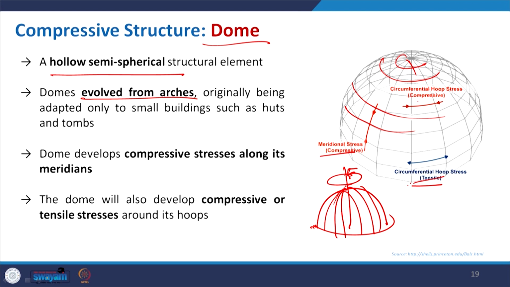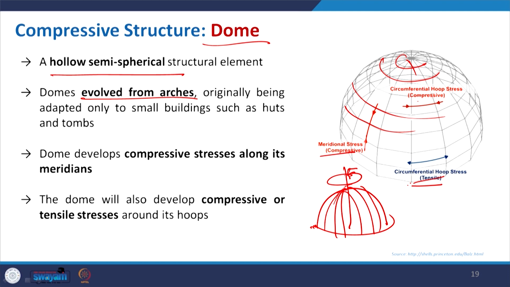So, in the dome, if we take it as an example, the majority is basically compression, but definitely at the circumferential hoops they are taking some tension, and at the top where they are close together the circumferential hoops take compression.